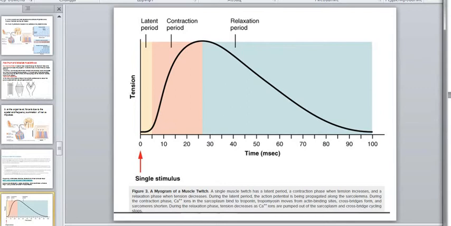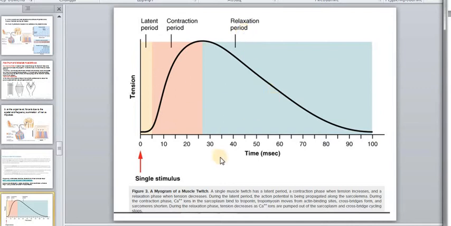The tension produced by a single twitch can be measured by a myogram, an instrument that measures the amount of tension produced over time. Each twitch has 3 periods or phases.